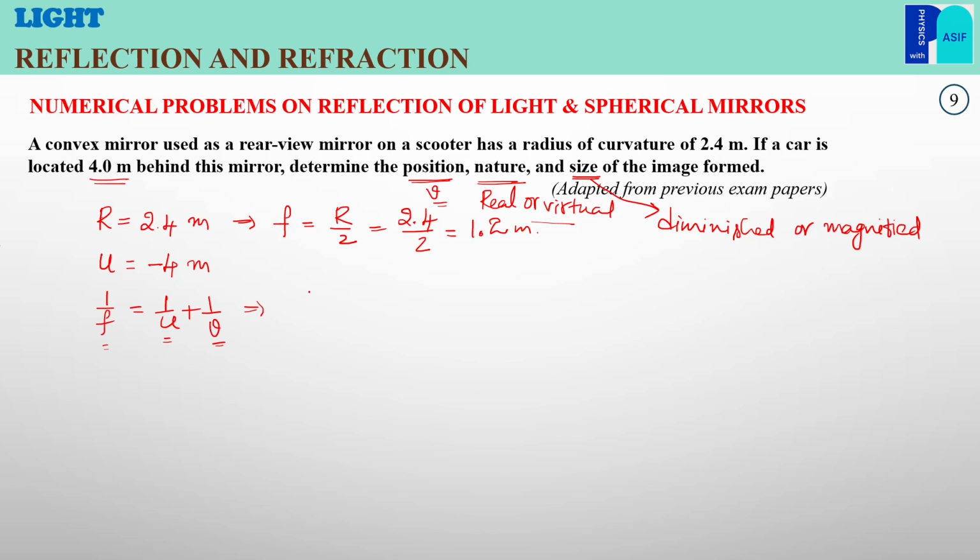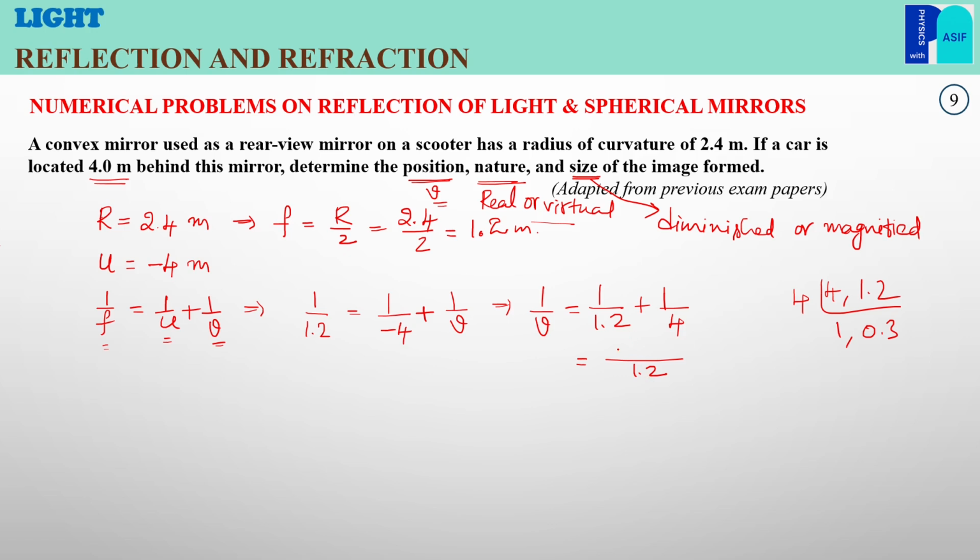For a convex mirror, both radius of curvature and the focal length are positive. 1 by F, that is 1 by 1.2 is equal to 1 by U, that is 1 by minus 4, that must plus 1 by V. And from this, we need to find out what is the value of V, that is 1 by V is equal to 1 by 1.2 plus 1 by 4.